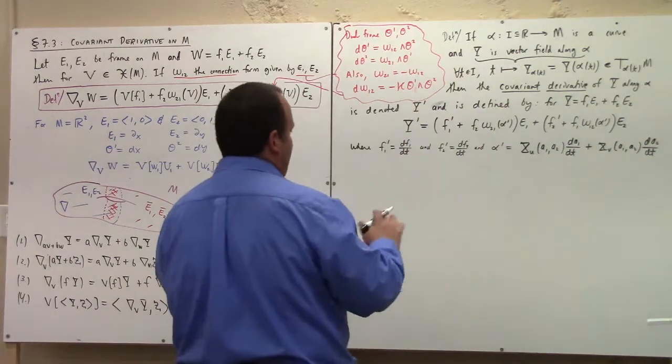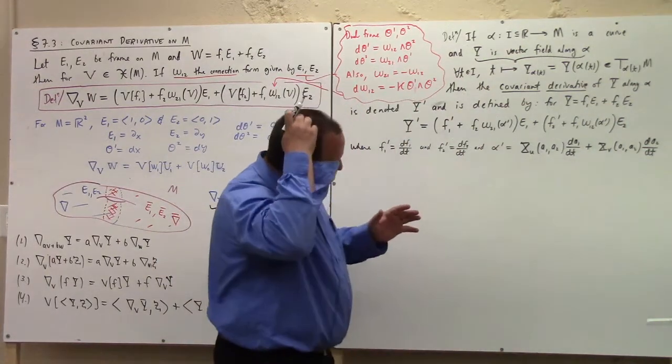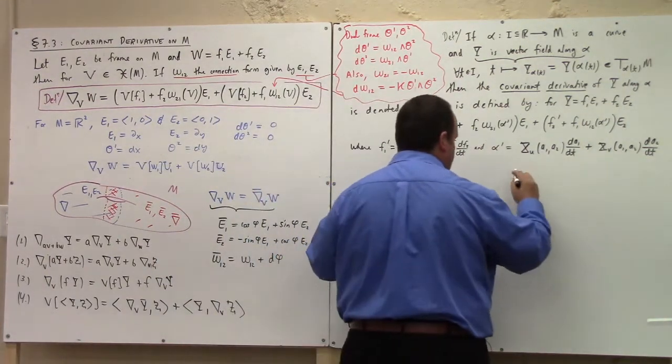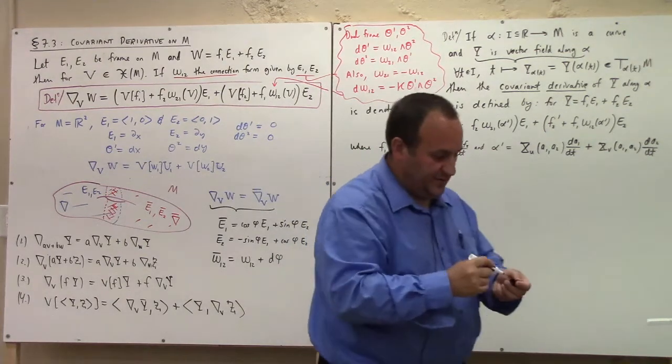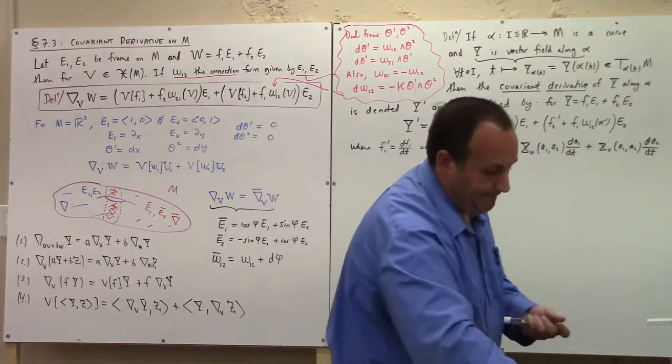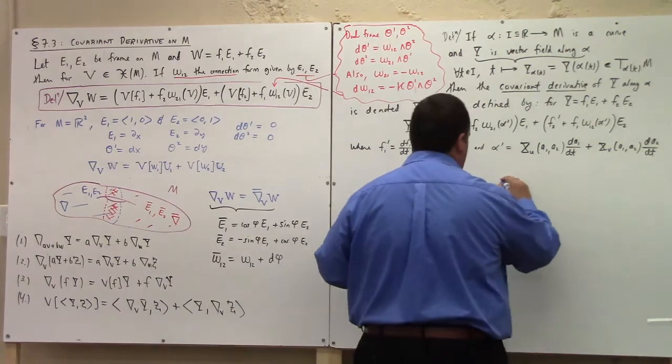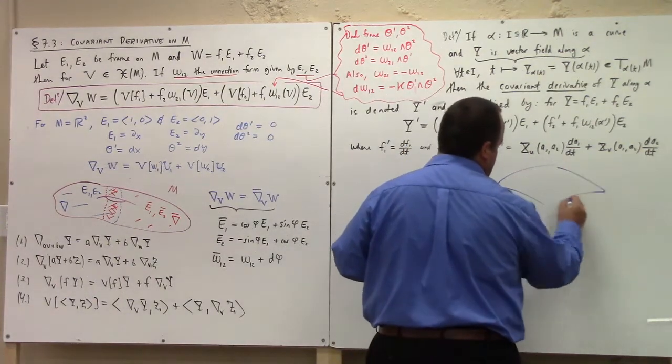So this goes back to an earlier discussion. So here's our surface, right? And it's easy to miss this.